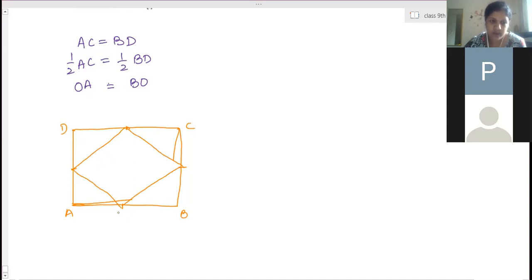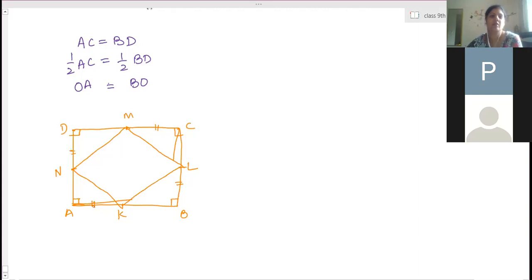K is present on AB, L is present on BC, M and N. These are squares. AK is equal to BL is equal to CM and is equal to DN.